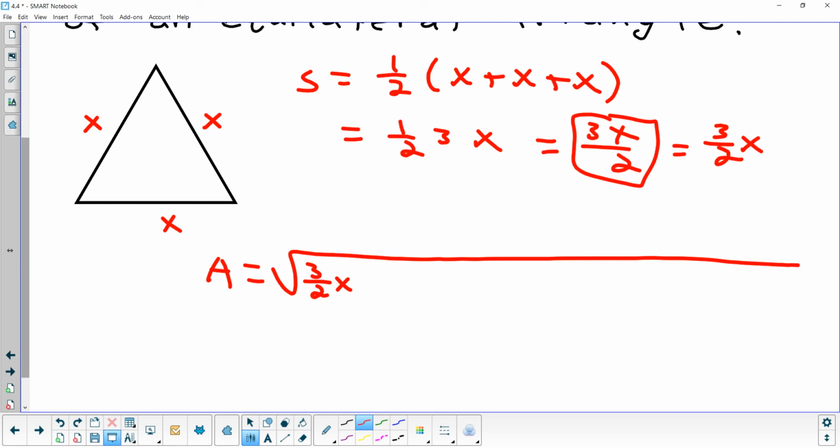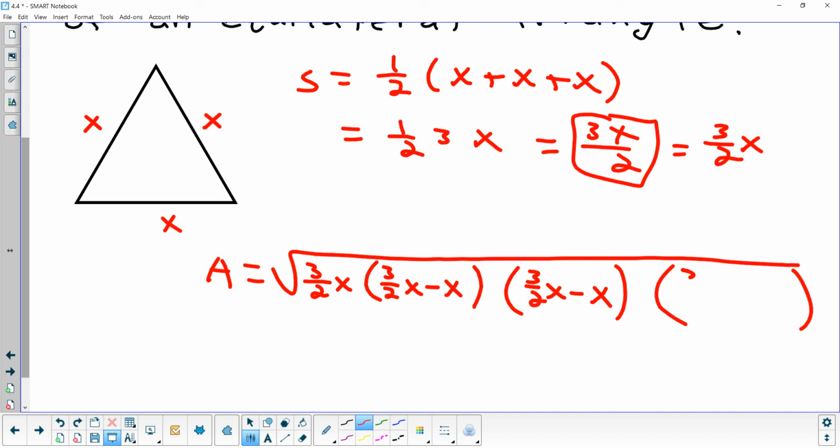Times, and what's going to go in each of those parentheses three times? It's going to be the same thing three times in a row, because every side is the same. Yep, 3x over 2 minus x. So we have this minus x, this minus x, this minus x.